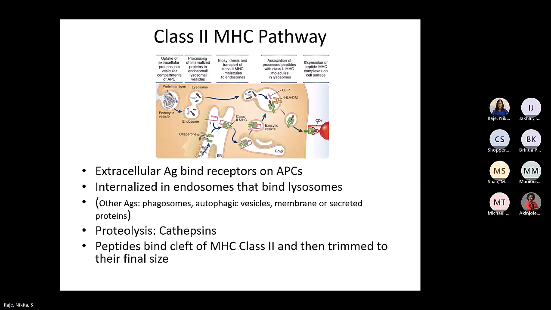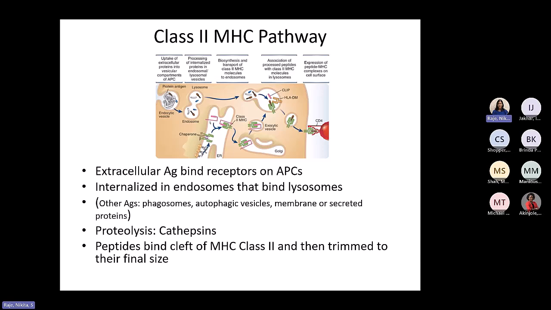Questions? Does the molecule never go to the endoplasmic reticulum for MHC class 2? What about the class 2 MHC? Does the class 2 MHC never enter the endoplasmic reticulum? It is synthesized in it. The MHC genes are used to produce or synthesize those proteins.